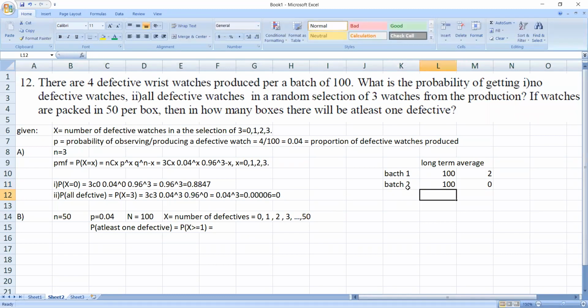There are no defectives. Then in batch 3, again I'm producing 100, and I might have observed 5 defectives. In batch 4, I'm producing 100 watches, and I could get 10 defectives. Maybe in batch 6, I'm producing 100, but I got 25 defectives. So these are just some hypothetical numbers which indicate the possibilities.